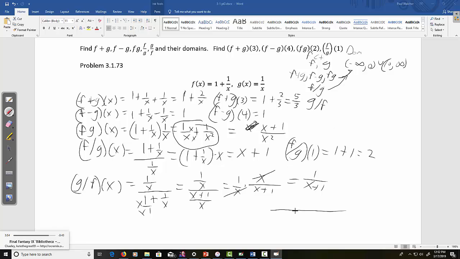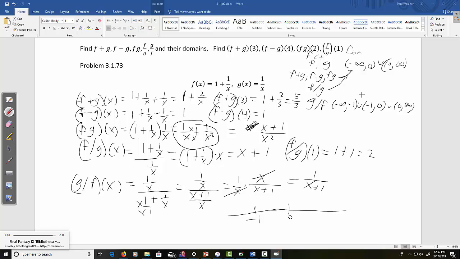So if I took out 0 and negative 1, that'll be 3 intervals: negative infinity to negative 1 union negative 1 to 0 union 0 to infinity. And there we go.